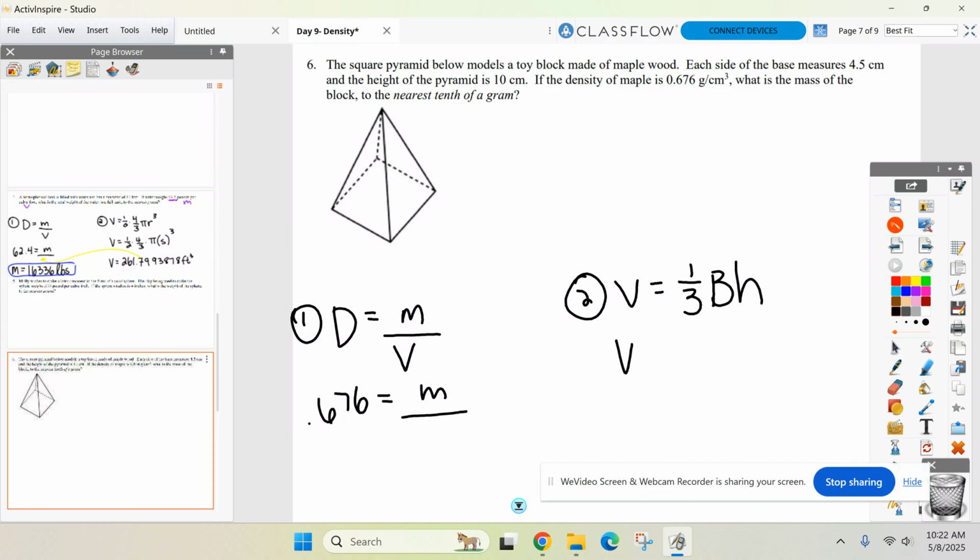Base is a square. Lucky for us. Each side of the base measures 4.5. So we'll do 4.5 times 4.5. The height, notice I didn't put the word slant in front of it, so that is the height I want in the formula, 10.